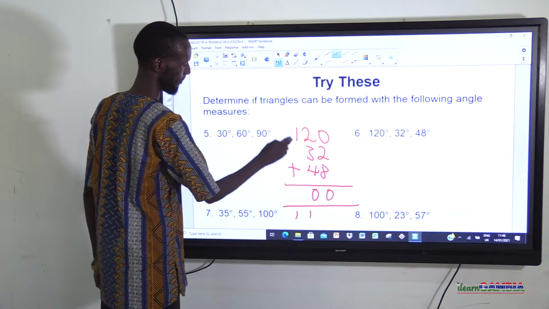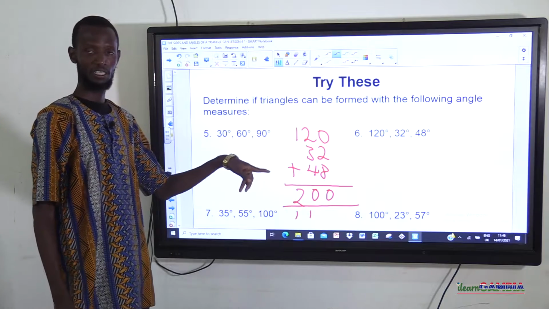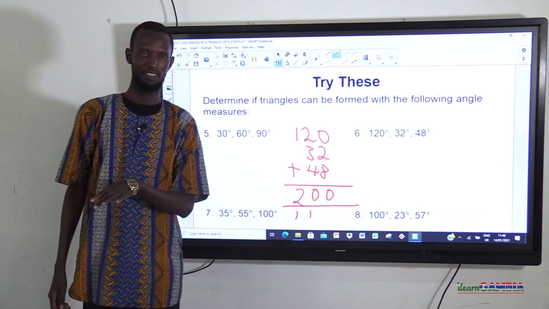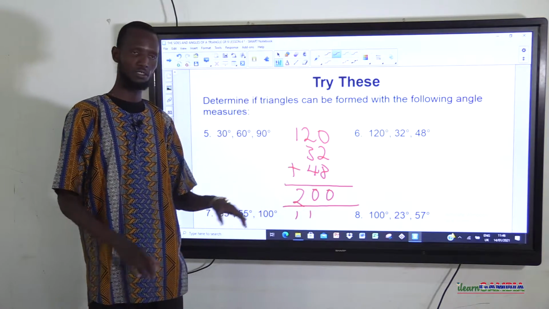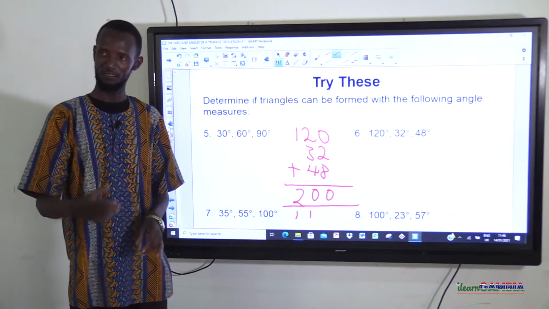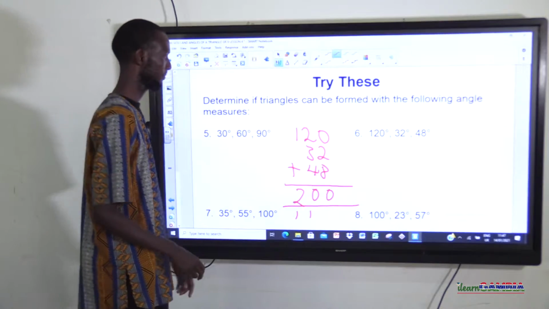Then 1 plus 1 is 2. But that's 200, and what we want is 180. So we can conclude that these three angles do not form a triangle, because their sum is not equal to 180 degrees.